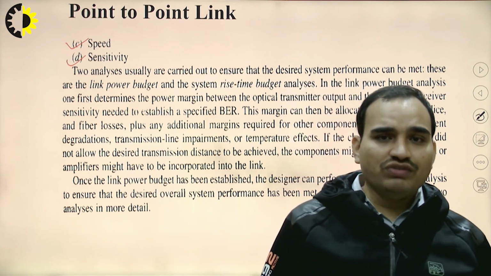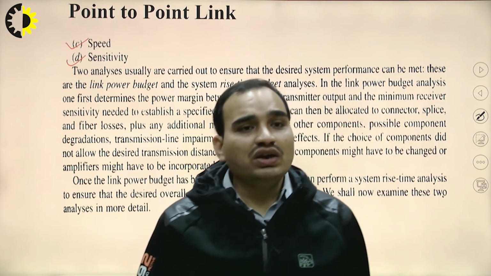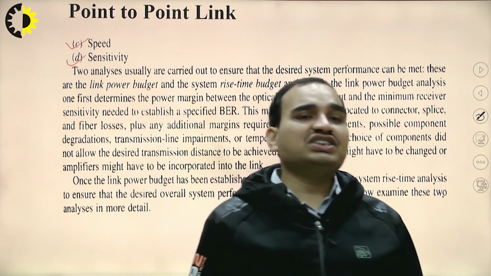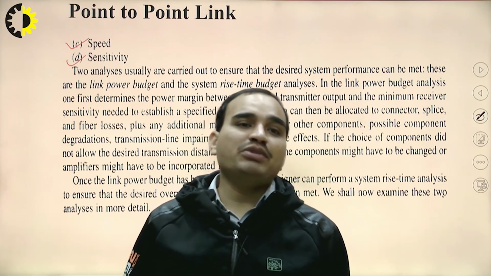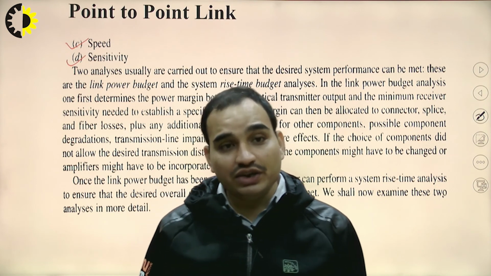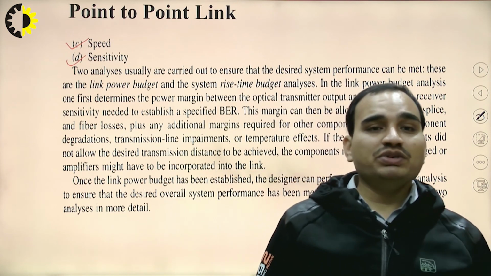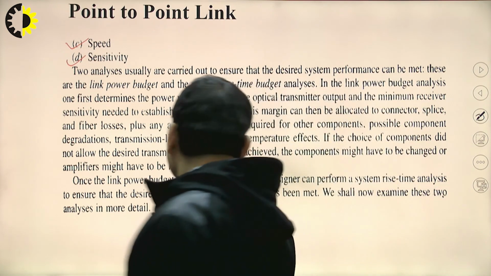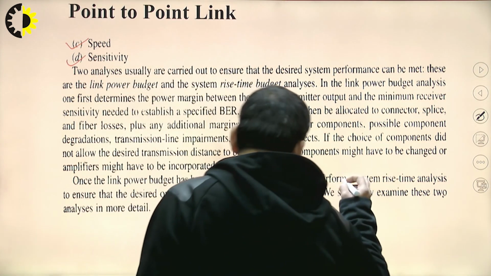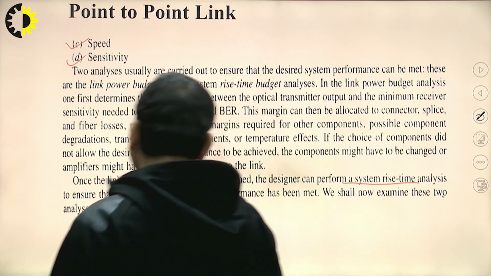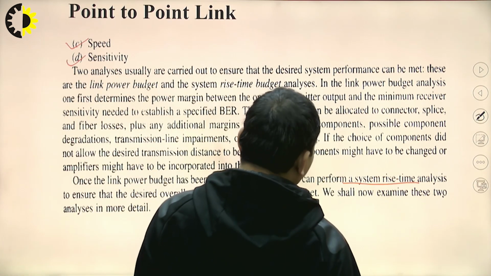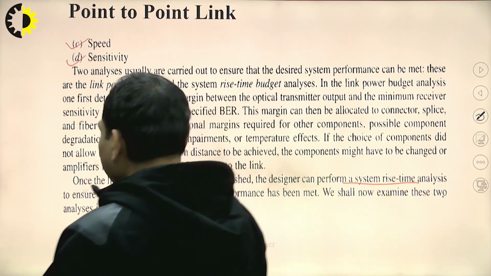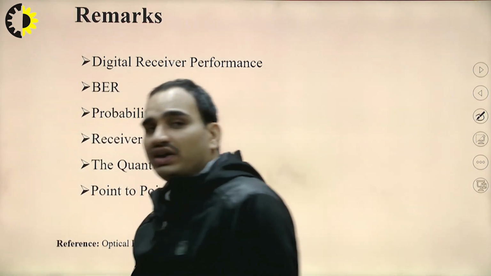If the choice of components does not allow the desired transmission distance to be achieved, the components have to be changed or amplifiers have to be incorporated into the link. Once the link power budget has been established, the designer can perform a system rise time analysis to ensure the desired overall system performance has been met. We shall examine the analysis in more detail in our next lecture.